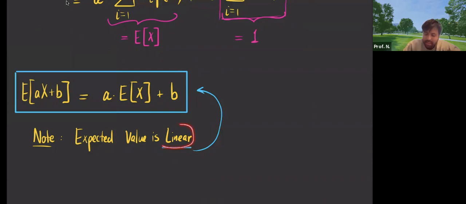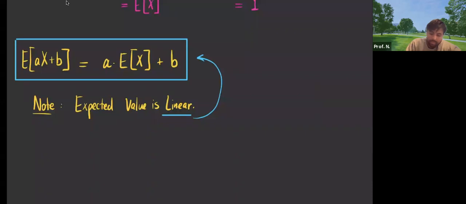This linearity property means that, using the example of expected value, if I have x plus b, actually, let me write this as y.